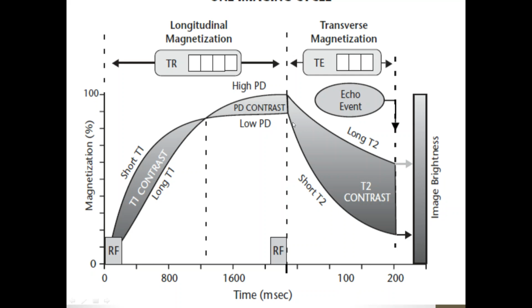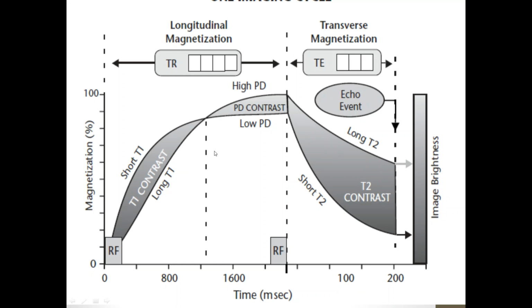So TE is very important for transverse magnetization, for T2 image contrast, and TR is very important for the T1 weighted image, which depends on the difference in longitudinal magnetization. But for proton density, we have to remove the signal difference coming out from longitudinal magnetization and remove the signal difference coming out from the transverse magnetization or T2.